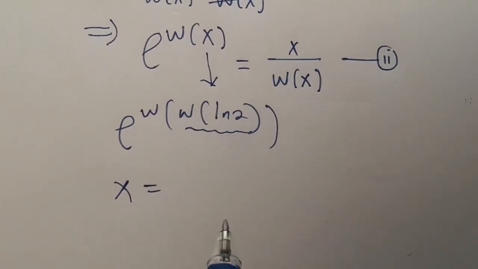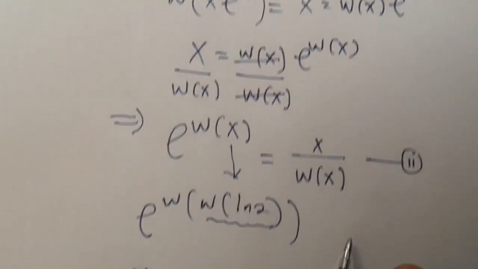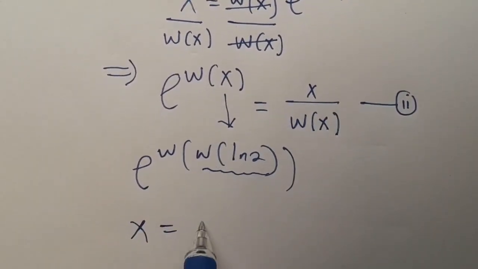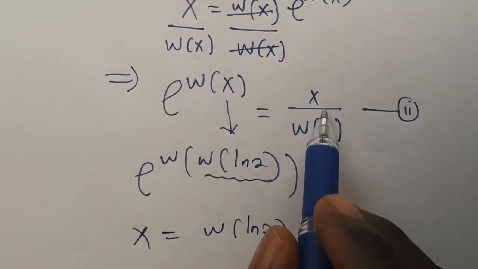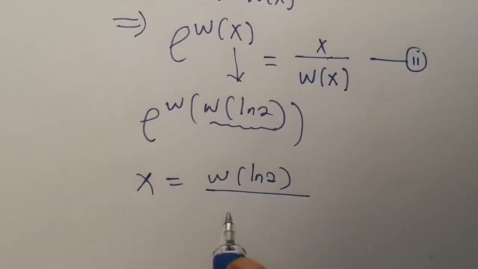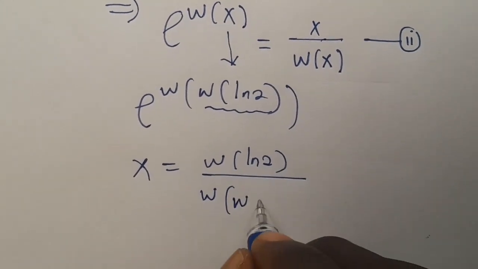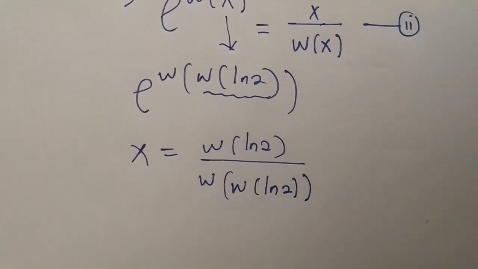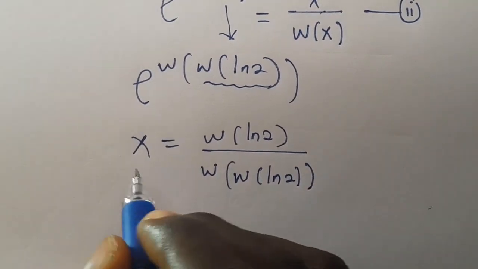And if that's to be the case, we're going to have our x from here to be equals W of ln 2, by substituting this one, divided by again W of W of ln 2. And that is the final answer for the value of x.